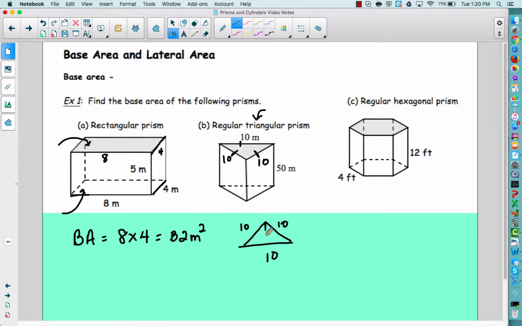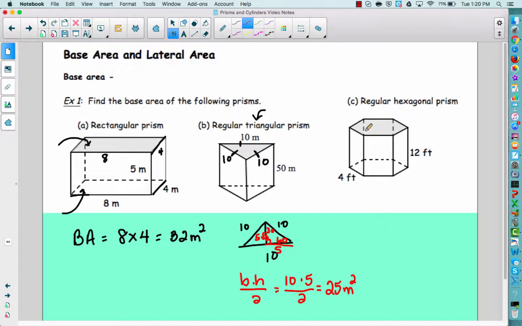We know when we drop an altitude in an equilateral triangle, it's going to give us a 30, 60, 90 triangle. So this length here would be 5. And so then the height would be 5 root 3. So to find the area of the base, we would do base times height over 2 because it's a triangle. Our base is 10, our height is 5 root 3, and we divide that by 2. Which is going to give us a base area of 25 root 3 meters squared.